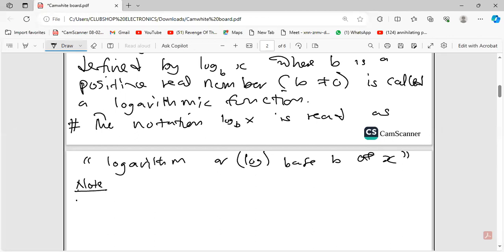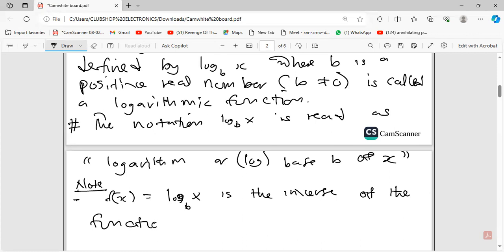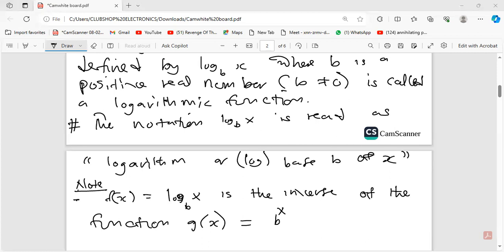Number one, that f of x equal to log b of x is the inverse of the function g of x equal to b to the power x, right?